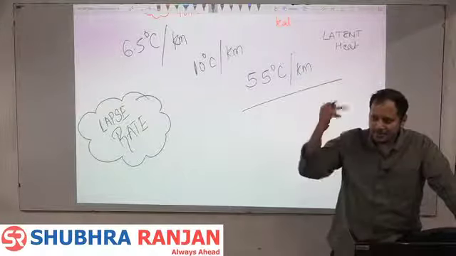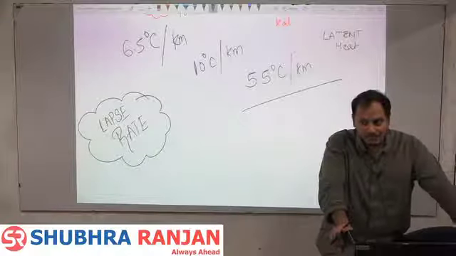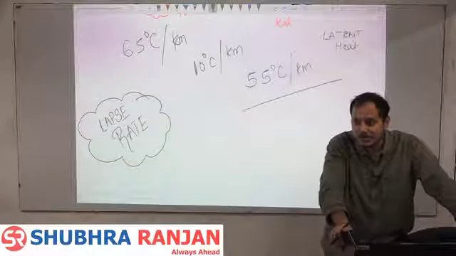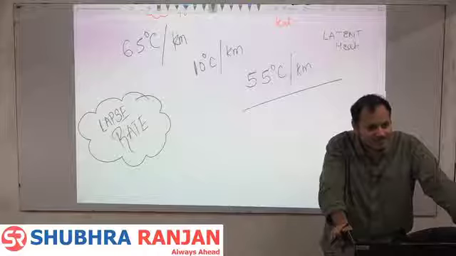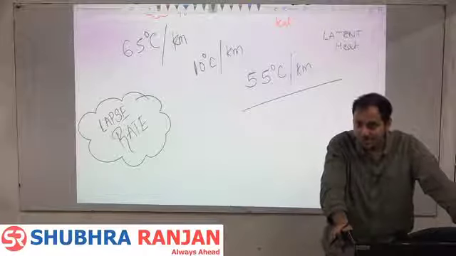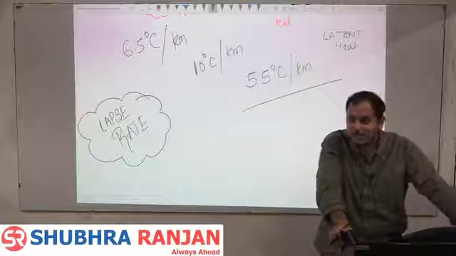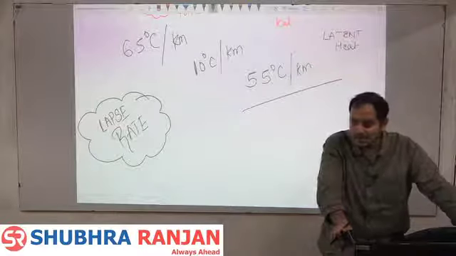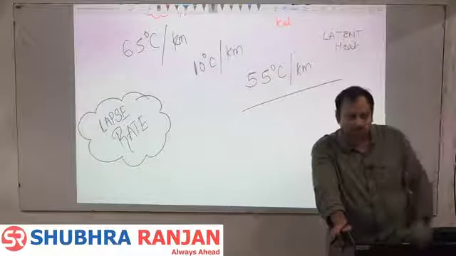Rate of decrease of temperature with height. अगर the temperature now increases with the height, आप क्या कहोगे उसको? If the temperature decreases with the height, it is known as lapse rate. If the temperature increases with the height, it is known as negative lapse rate. जो हम term use करेंगे in temperature inversion. We say temperature inversion is associated with negative lapse rate. मतलब the temperature does not decrease with the height.